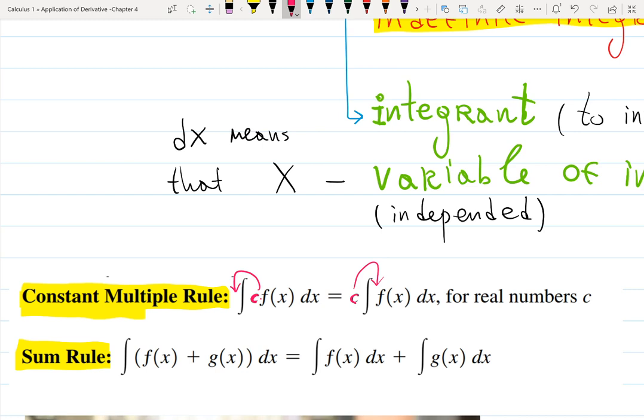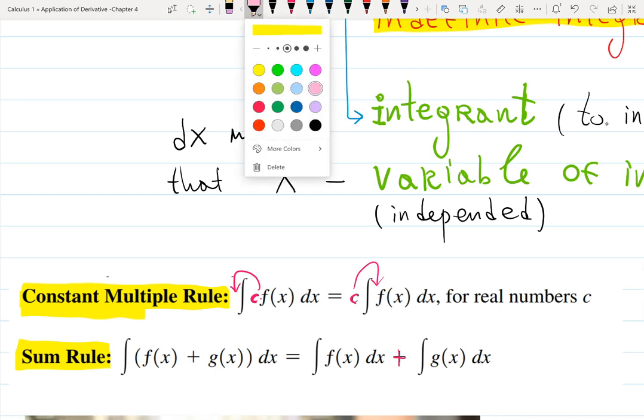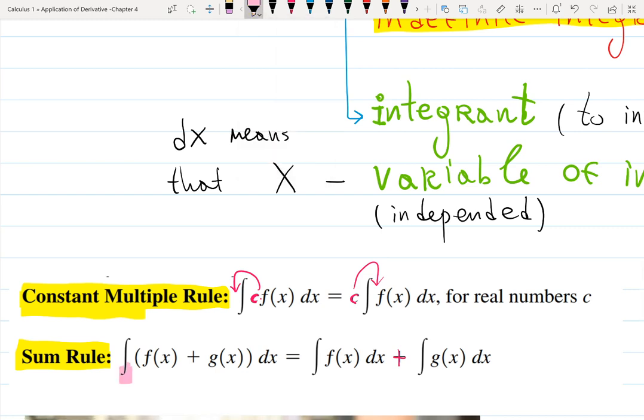If you want to integrate the sum of two functions, f plus g, then you can integrate one by one: integral of f of x dx and integral of g of x dx. Pay attention to how the integral sign has a closing element dx, just like it's supposed to be. Remember the joke.